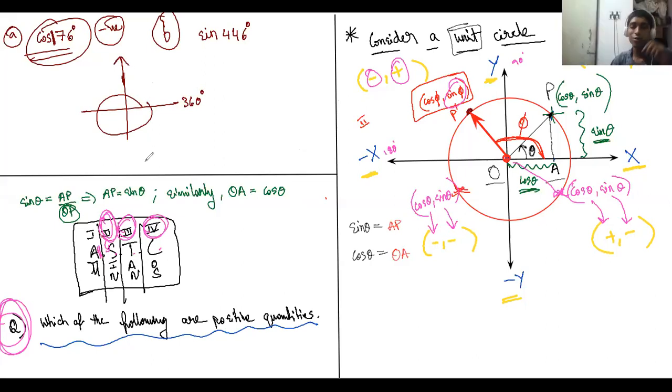You have to think first and then answer, not answer and then think. It is 86 degrees more than 360, so it is not taking one more quadrant.